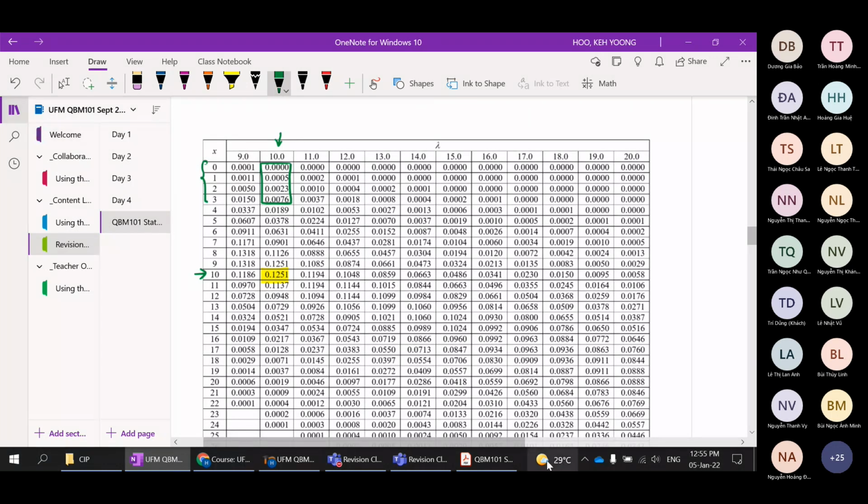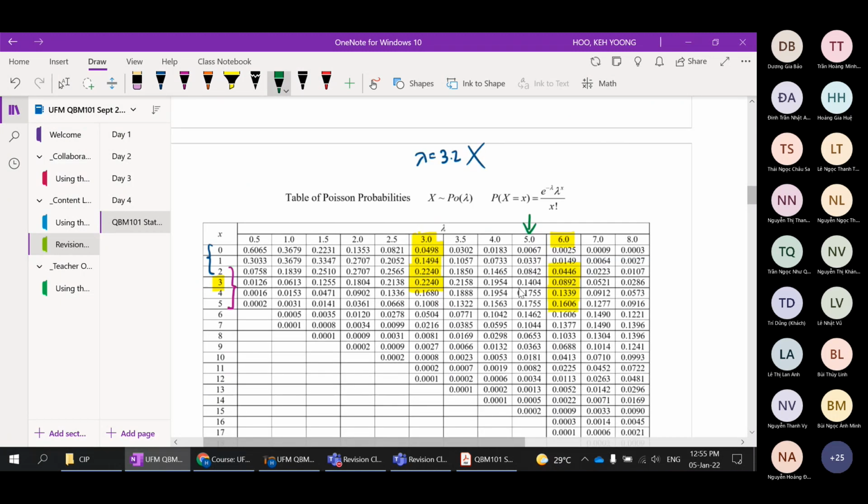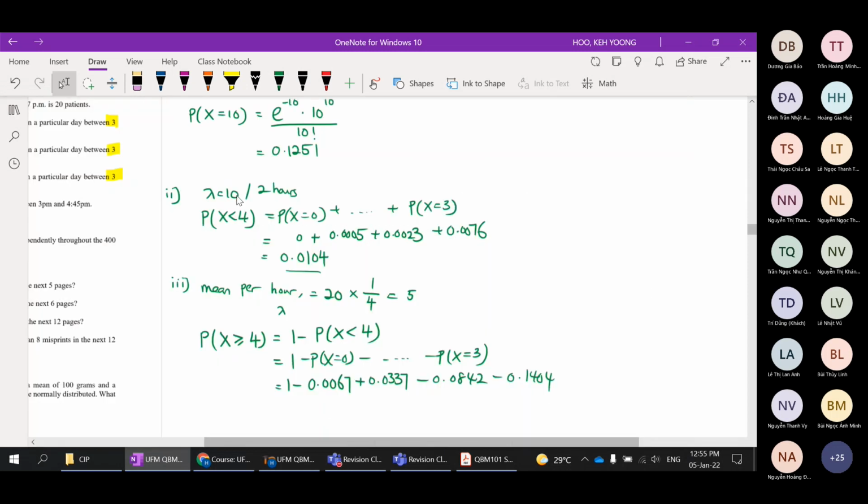So don't look at this page. Look at this one, lambda equals to 5. Take 1 minus these 4 probabilities. Where is the answer? Final answer should get you 0.735.